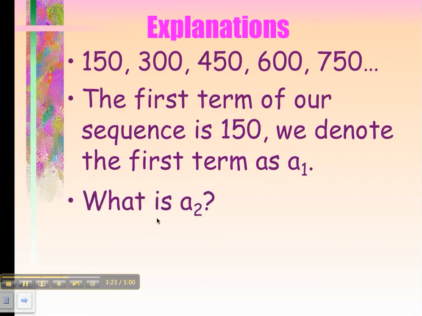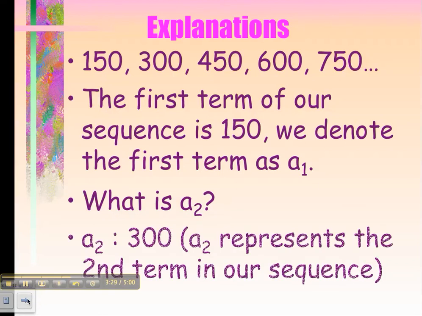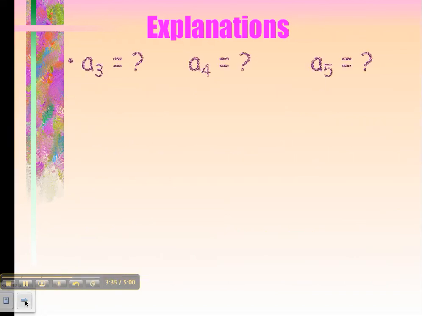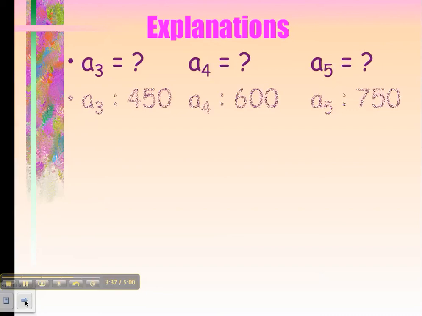So if we wanted to know a sub 2, that means what is the second term of our sequence. And we know from looking at it that our second term is 300. Now let's say I wanted to find the third, fourth, and fifth terms. They would end up being 450, 600, and 750, because I know the common difference is 150, and that gets added on to the previous one.